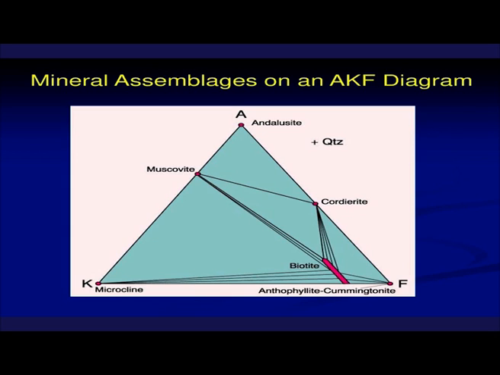Minerals whose composition contains only A and F components occupy the same position in the AKF diagram as in the ACF diagram. Calcium bearing minerals cannot be represented in the AKF diagram.